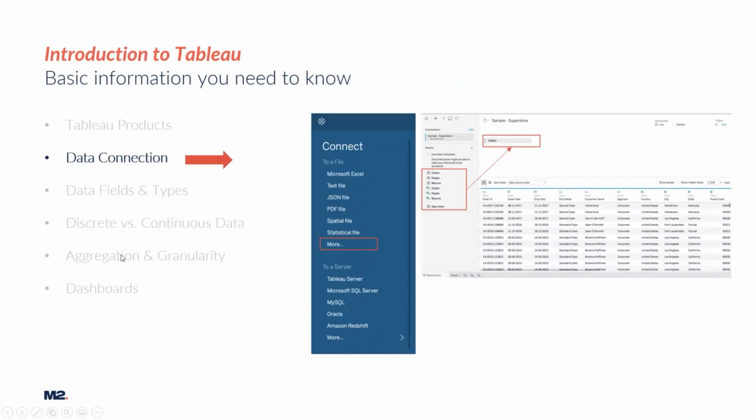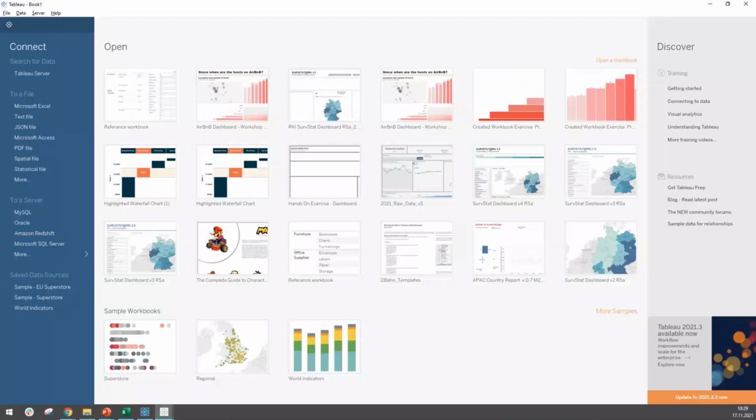Okay, so let's see how data is connected in Tableau. I am going to open my Tableau. Once you open Tableau, this is the first page you get. In the middle, you have the dashboards you were working on, at least these were the last ones I opened.